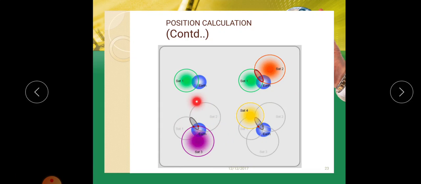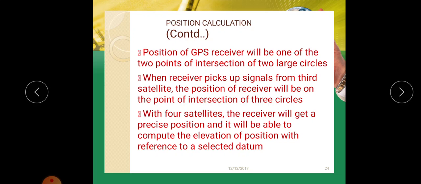If it is viewed by 3 satellites, the position will be more accurate than that viewed by 2 satellites. And if it is viewed by 4 satellites, we will get the exact precise position of the point, the intersection of these 4 circles, and we can also obtain the altitude or elevation of that point from a reference datum. Okay, so like that we are locating the position of points on Earth's surface.